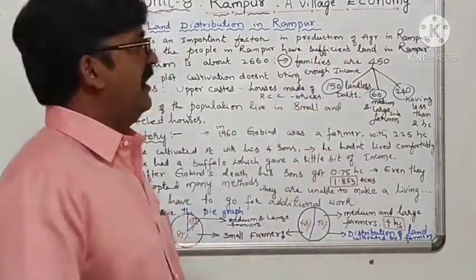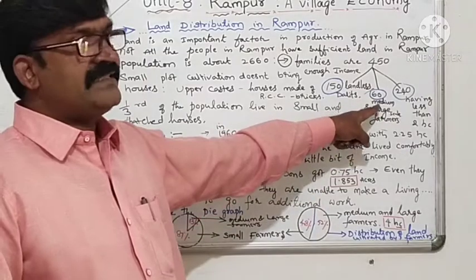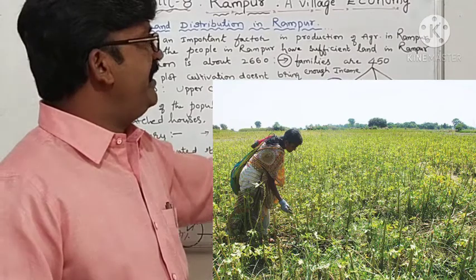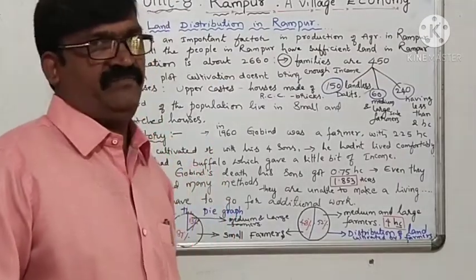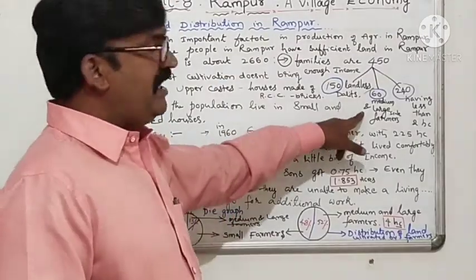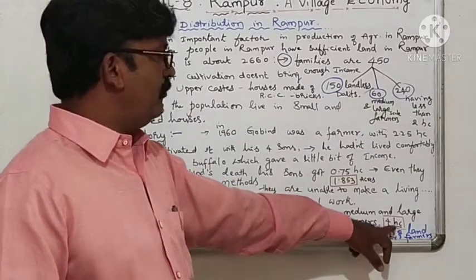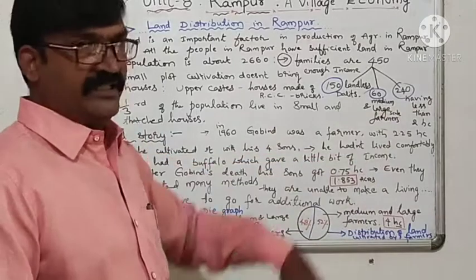And 60 families are in the segment of medium and large scale farmers. They have more than, I think here the calculation is 4 hectares of land. We will discuss later.